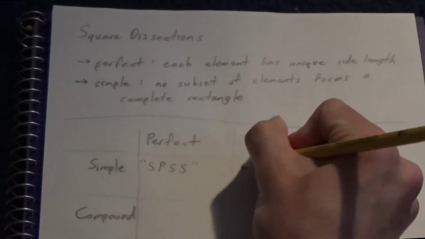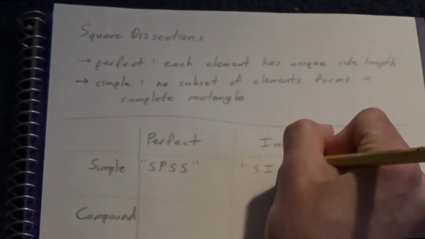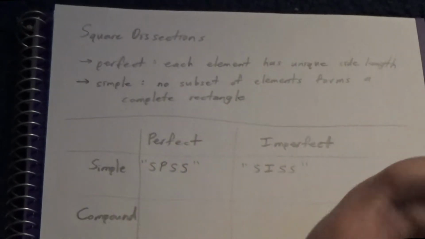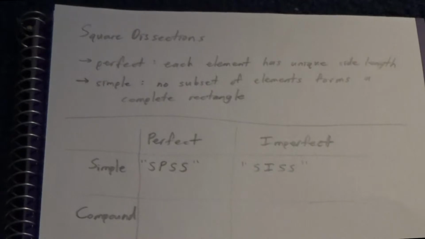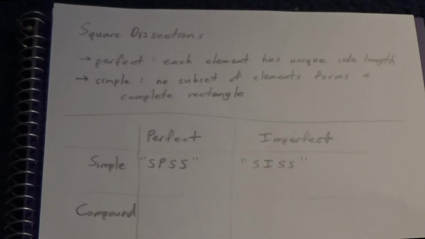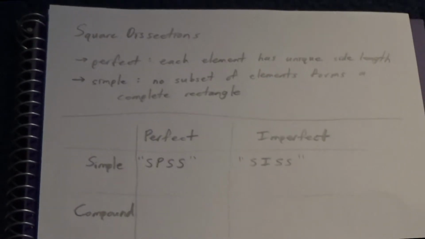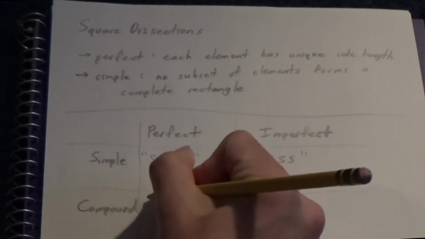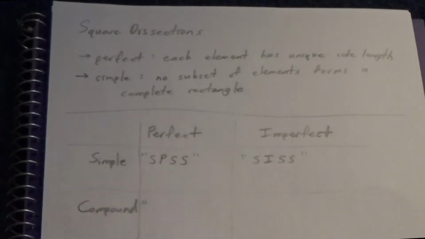And for the upper right case, we actually get SISS, which, and really it's the first two letters that are particularly of importance, is simple imperfect squared square. We could also have squared rectangles or other kinds of shapes that we're dissecting. But this is the important bit, the fact that we're classifying it.